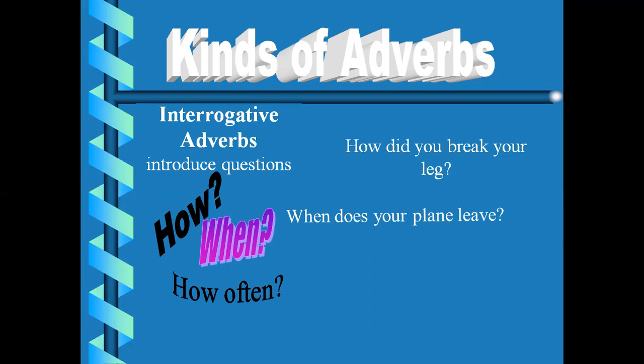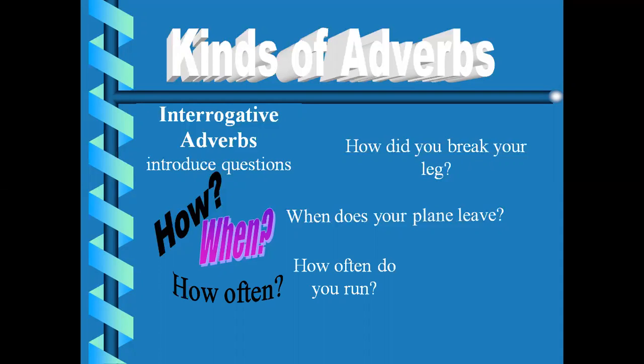So when you say how often, you're asking about the number of times. When you answer the question how often, you're going to write an adverb. We are going to say once, twice, 3 times, 4 times.